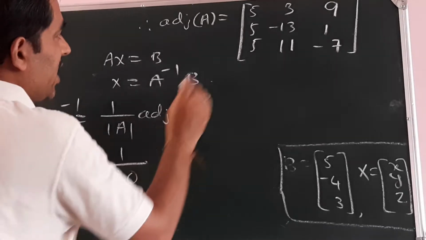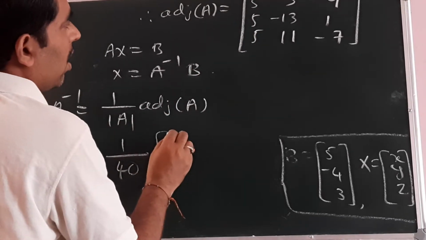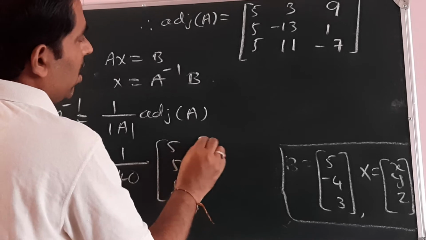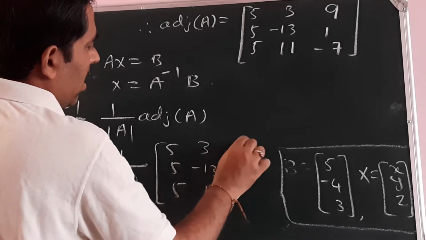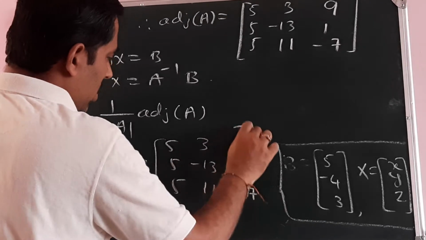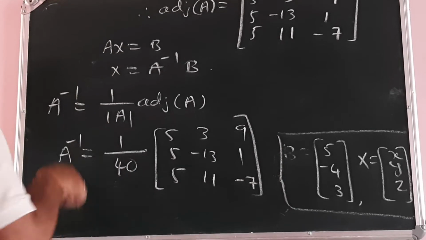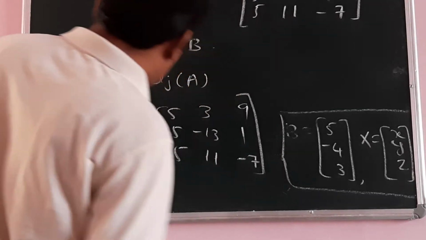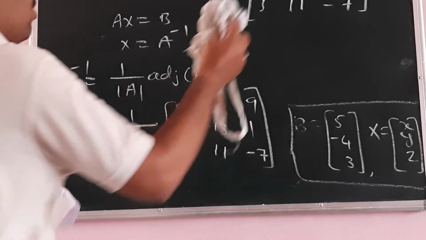So 1 by 40 into adjoint. I will replace this: 5, 5, 5; 3, minus 13, 11; 9, 1, minus 7. So this is our A inverse, 1 by determinant of A into adjoint of A.